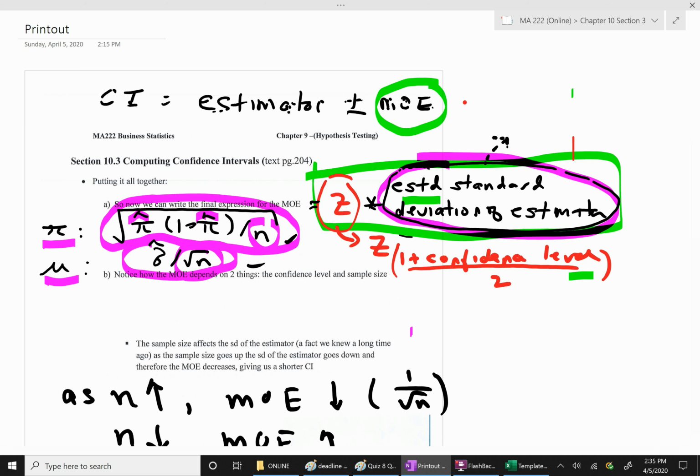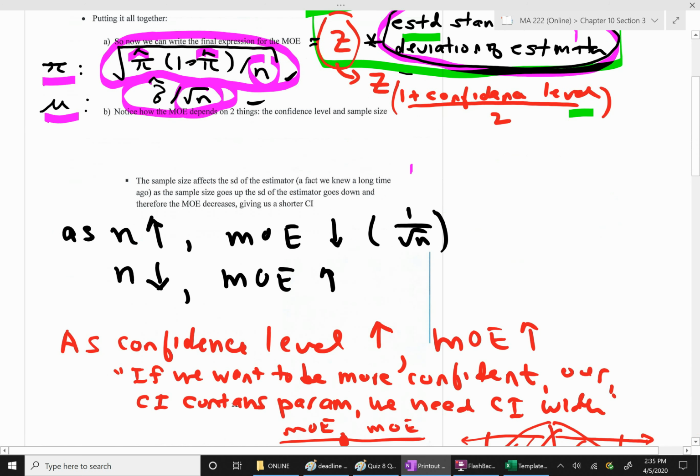And so as the spread of the estimators decreases, the standard deviation gets smaller and the margin of error decreases also. So as n increases, the spread of the estimators decreases and the margin of error decreases. Conversely, as the sample size decreases, the margin of error increases. Exactly that same sort of reasoning.